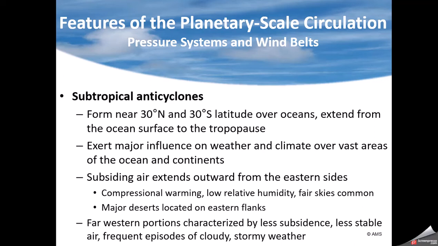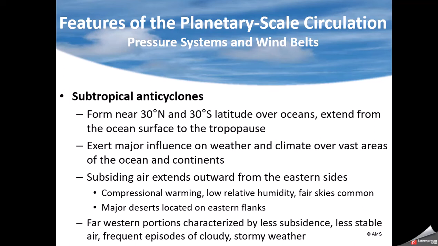A couple things, too, about these. Because they're huge over the ocean, the eastern sides of them have a lot of compressional warming. They sink. There's very low relative humidity there, fair skies. And this is where the deserts are. Think about it.